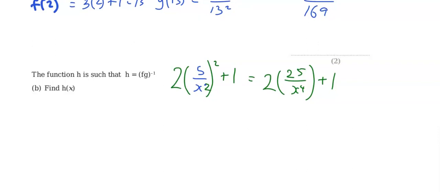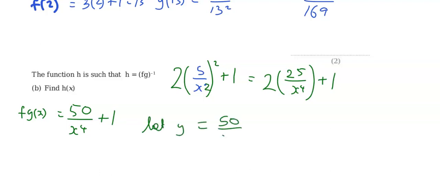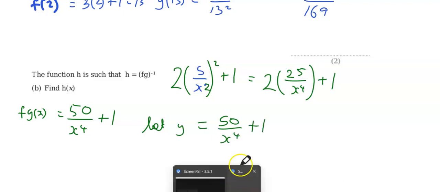And so this becomes f of g of x is 50 over x to the power of 4 plus 1, and we need to invert it. So we let y equal 50 over x to the power of 4 plus 1 and make x the subject.